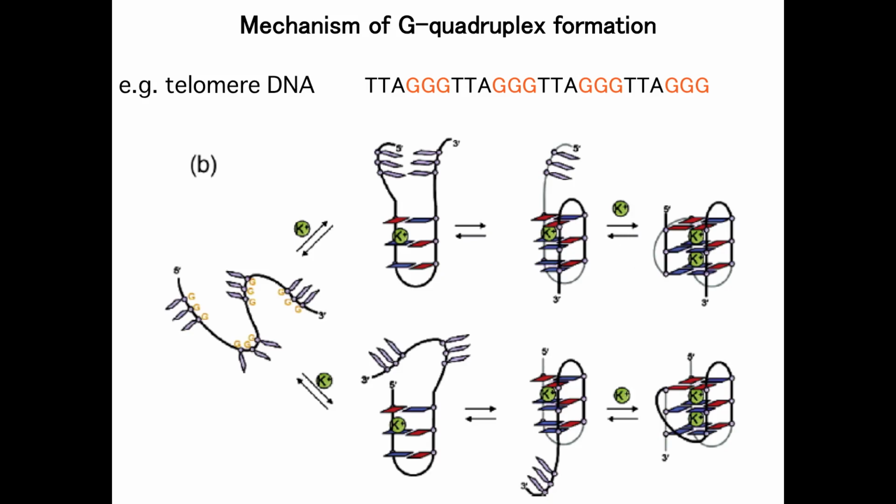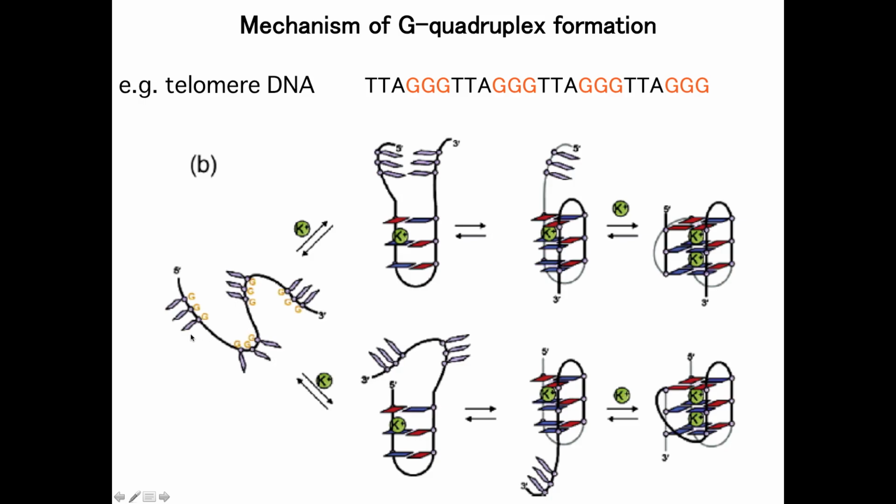This is the mechanism of how to make the G quadruplex from single strand DNA. This sequence is a telomere DNA. The telomere DNA sequence is a TTAGGG repeat.